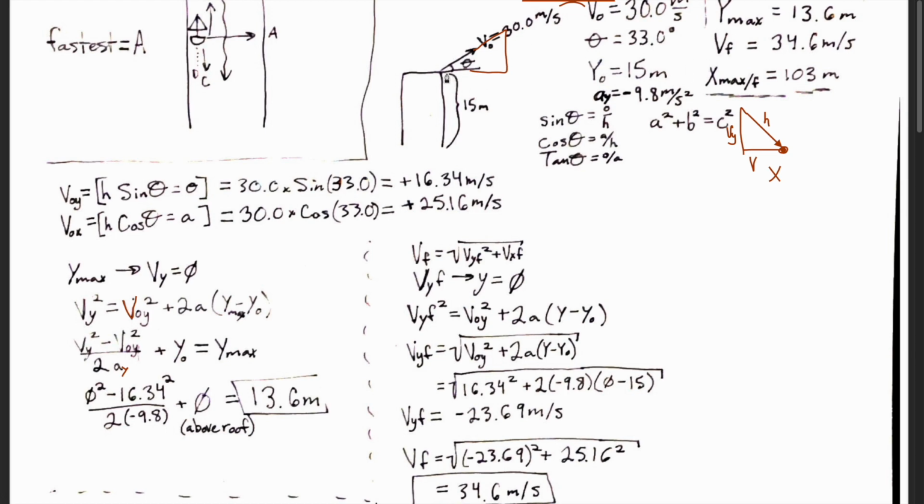So the velocity x final is the same as velocity x initial. So that means that it's going to be this right here, so that we already have, and this should be squared here. And then that should be extended.